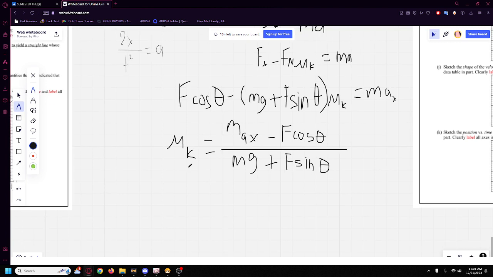So mu k is equal to negative MAX minus F cosine theta over mg plus F sine theta.